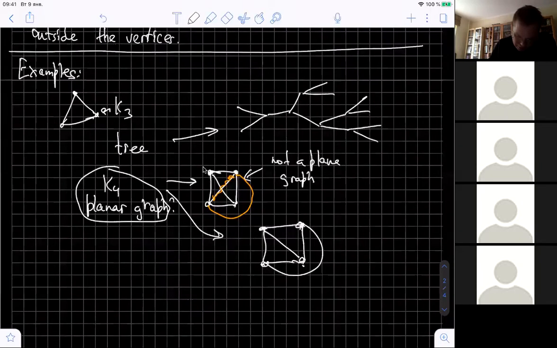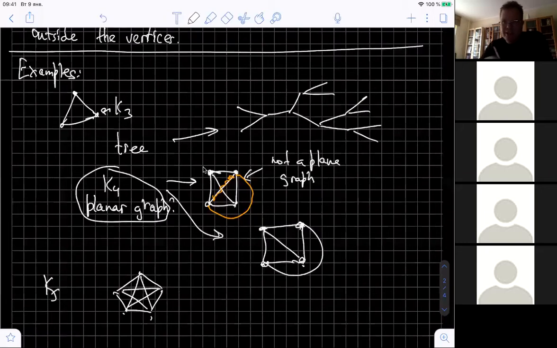What about K5? K5 is a more complex graph. Okay, here, if I just draw this as a pentagon, I will have too many intersections, and I can try to draw some of these edges outside, like this one, and maybe this one and this one.